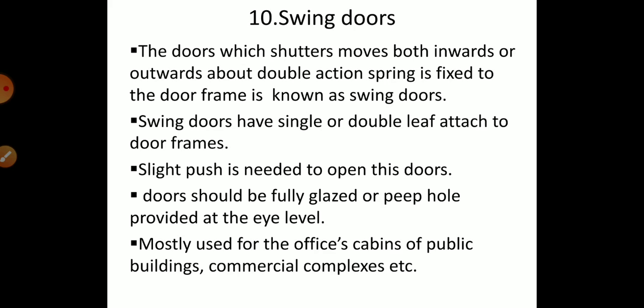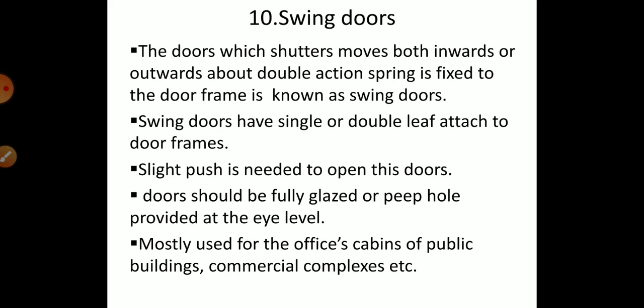It generally has a single leaf or shutter attached to the door frame with the help of the double action spring hinge. In some cases, two leaves can also be attached to the door frame with double action spring hinges.